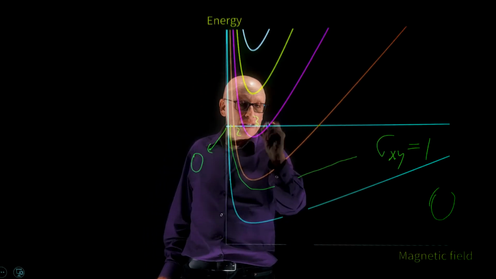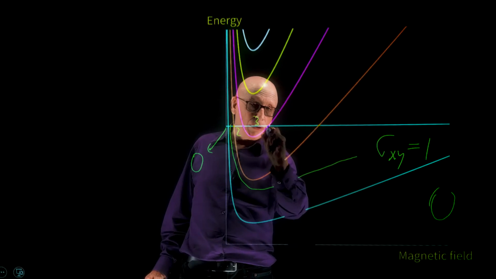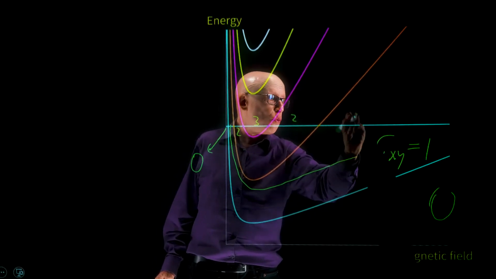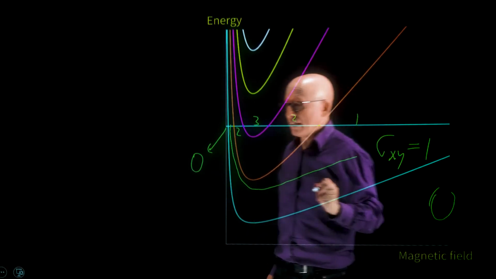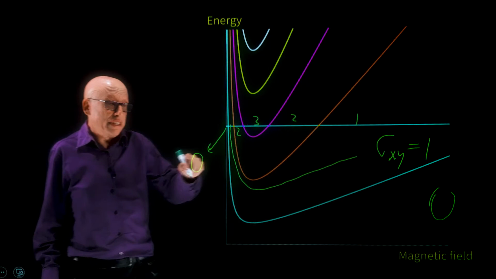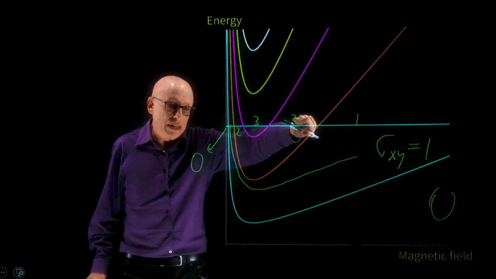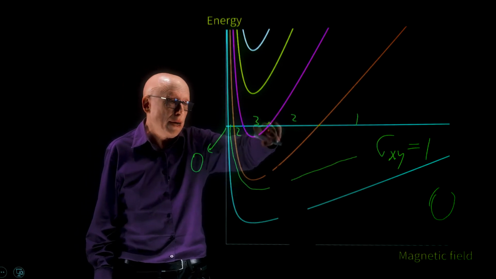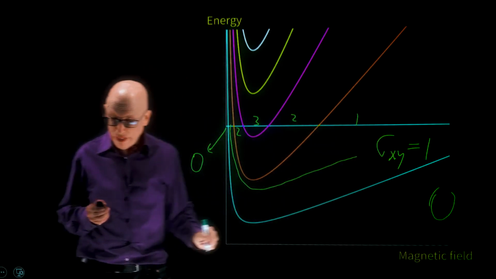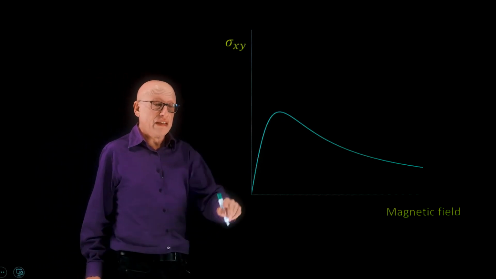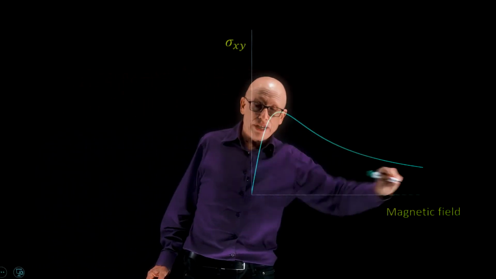And then this one, as I make the magnetic field stronger, I go from 3 now to 2, and to 1, and eventually outside of the board back to 0. So the whole conductivity, as I increase the magnetic field, starts from 0, then goes up, up, up, and then starts going down. That's exactly what classical physics told us, that it first goes up and then goes down.